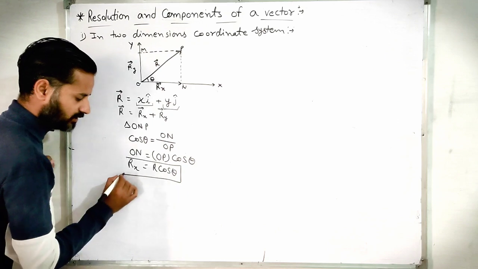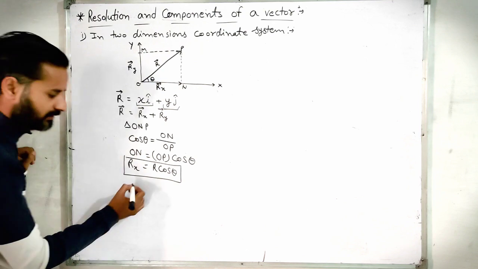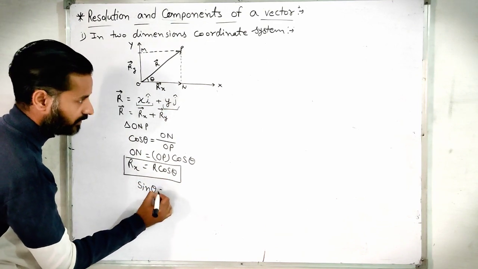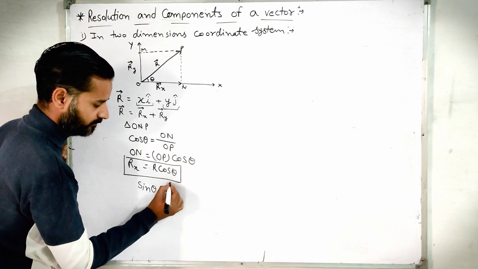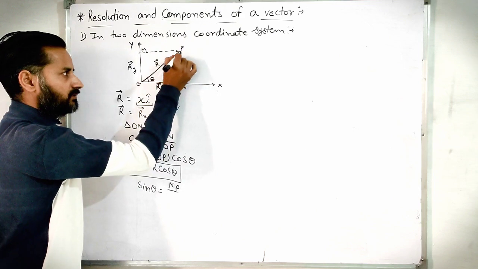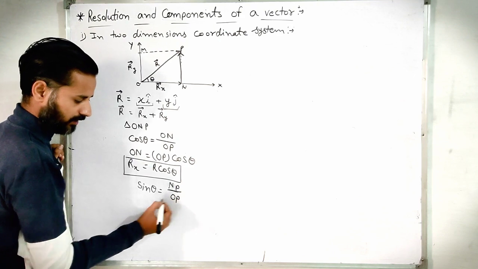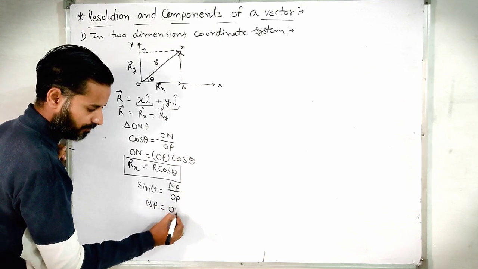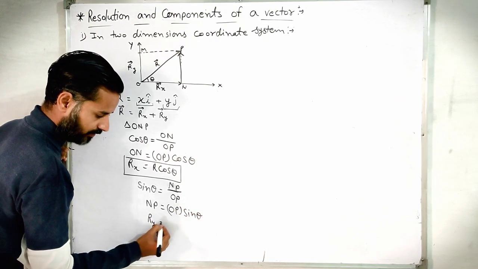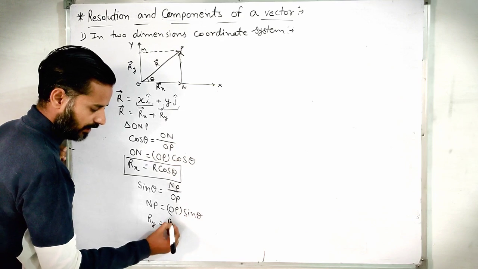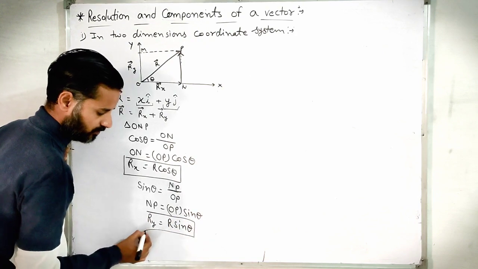So this is the x component of vector R, and for getting the y component we will take sin theta, which will be equal to PN or NP divided by OP, and we get NP equal to OP sin theta, which equals Ry equal to R sin theta, and this is our y component of the vector.